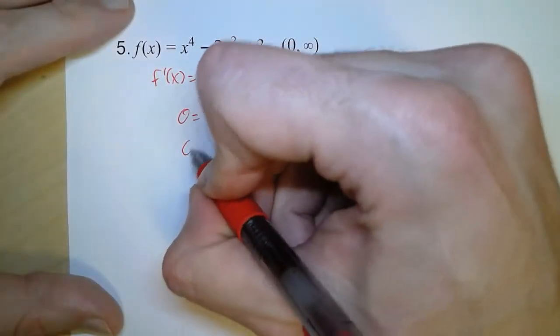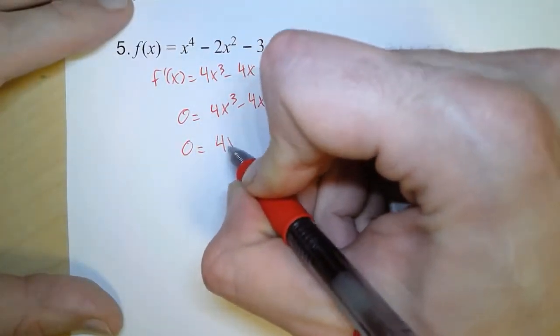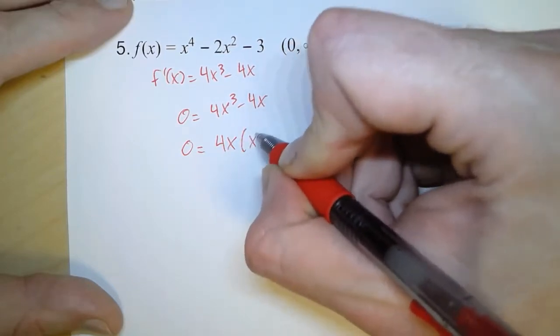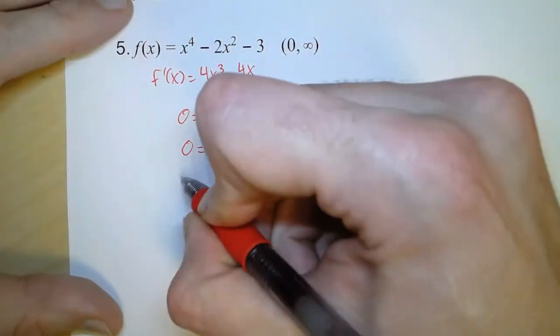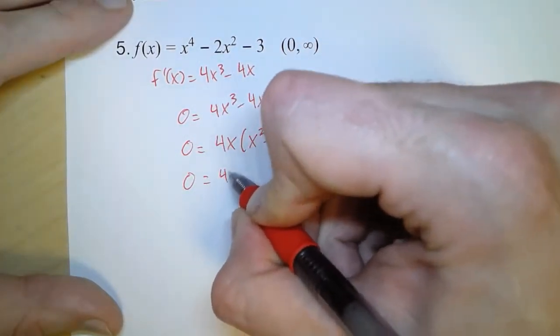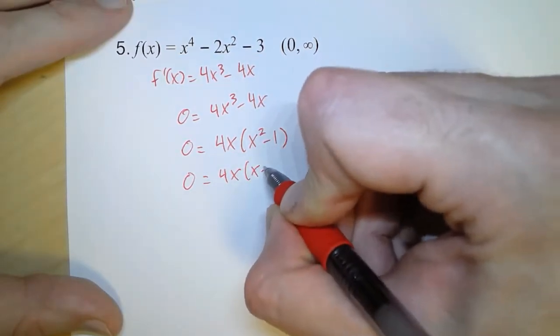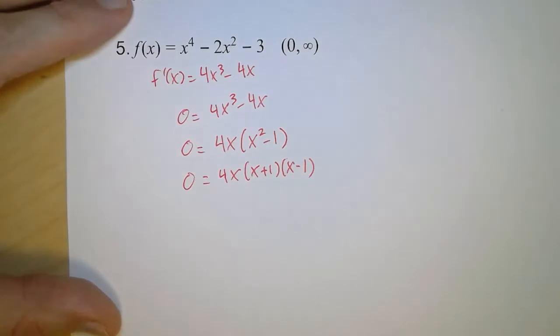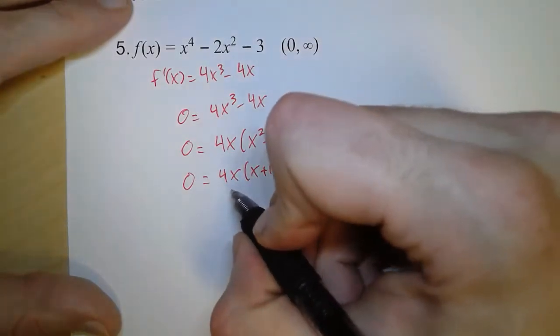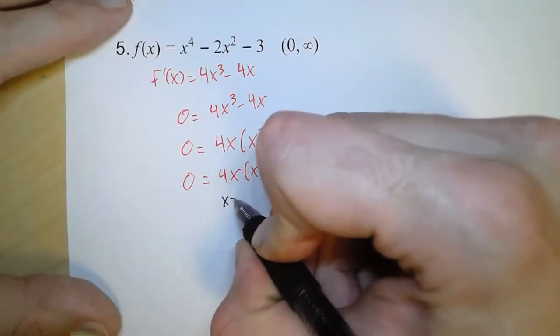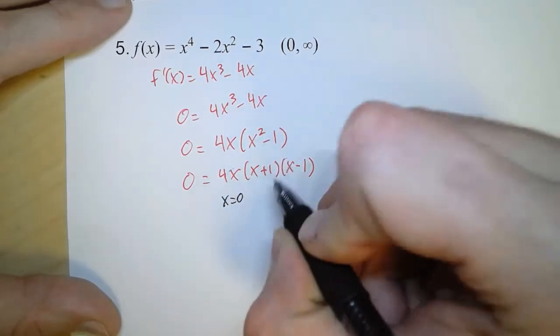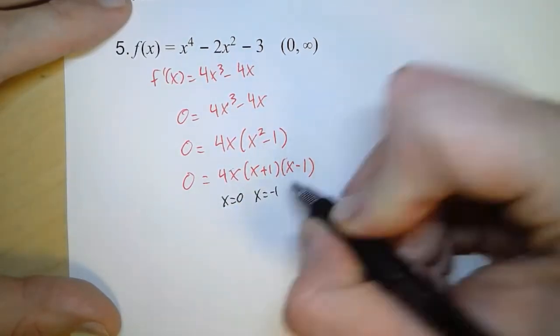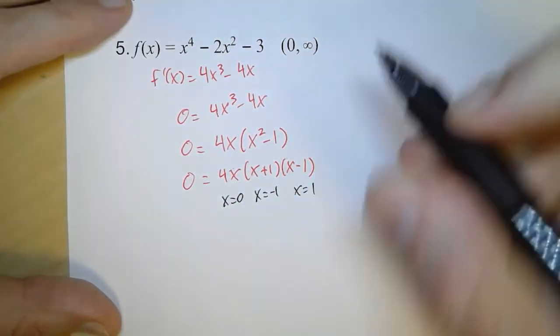So what we can do is we can factor out a 4x, and we're left with x squared minus 1, and then that can further factor into x plus 1 and x minus 1. And so the three values we get that are equal to 0 is 0 here, negative 1, and 1.